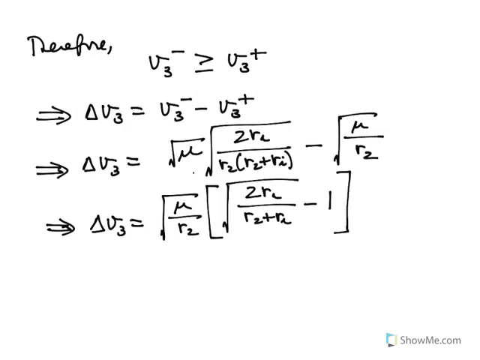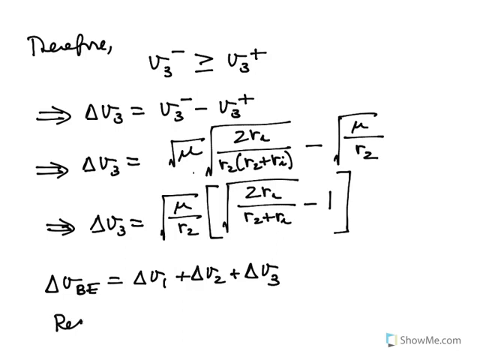So now we actually have the total delta V. Delta V for the bi-elliptic transfer is equal to delta V1 plus delta V2 plus delta V3. That's the total impulse. And now we can write the total impulse in the following way: we're going to simplify it using two quantities.